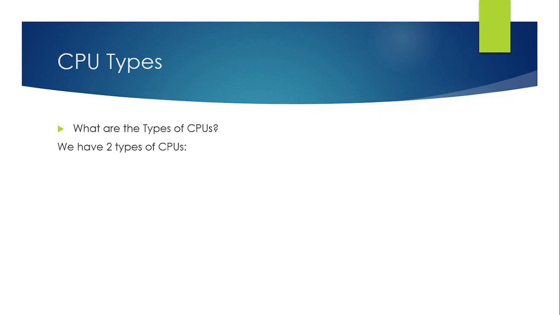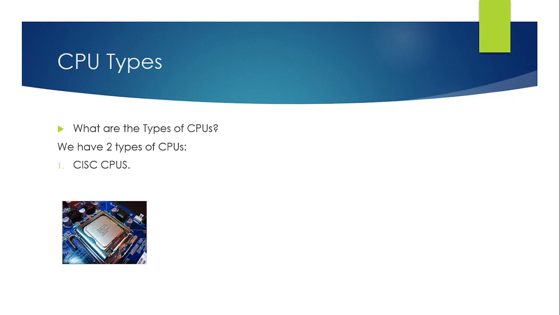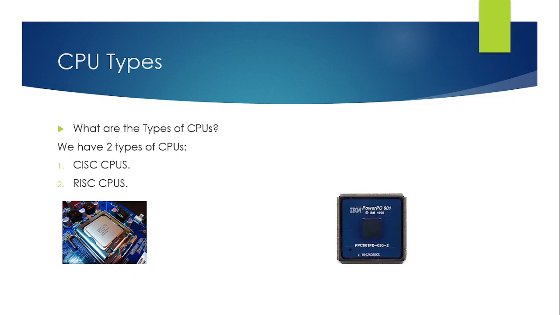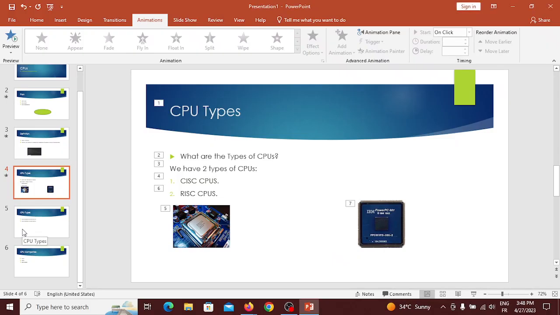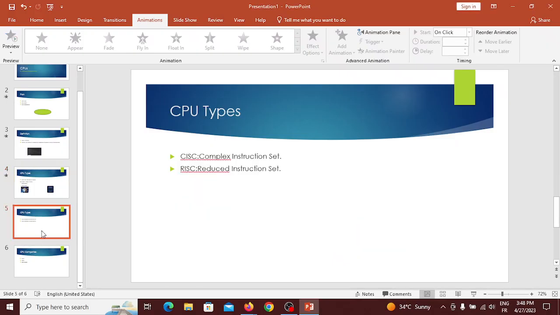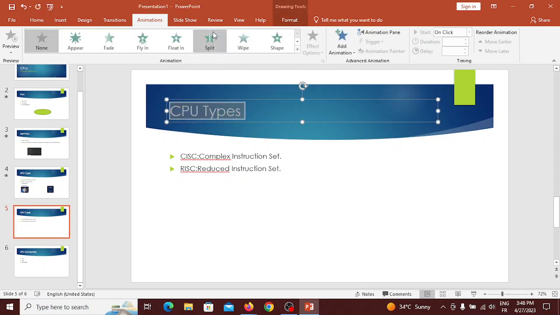We have two types of CPUs, CISC CPUs, and now it displays the picture related to this type of CPUs, and then it displays a second element, which is RISC CPUs, and now it displays the example about RISC CPUs. All of this is to better organize our presentation.